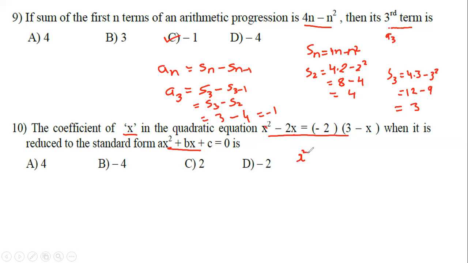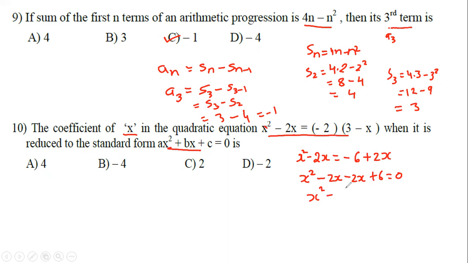First, reduce this one, x square minus 2x. Next, multiply this one, which is equal to minus 2 3s are 6, minus into minus plus, 2 1s are 2x. So it will become x square minus 2x. Take to the left hand side, it will become minus 2x plus 6 is equal to 0.